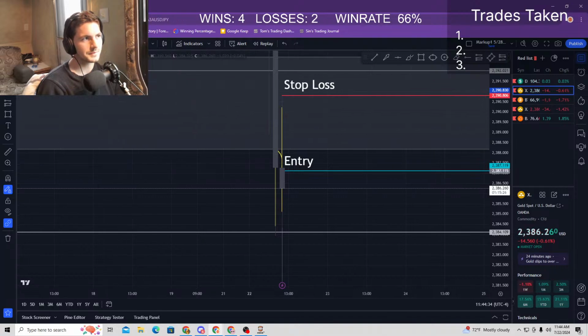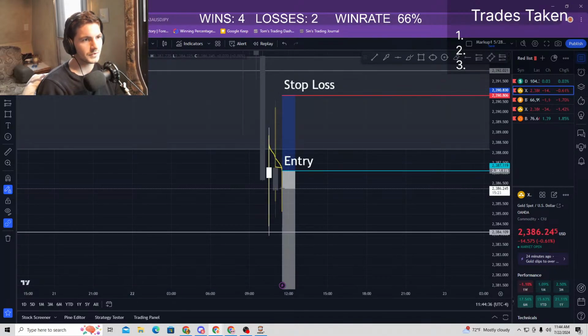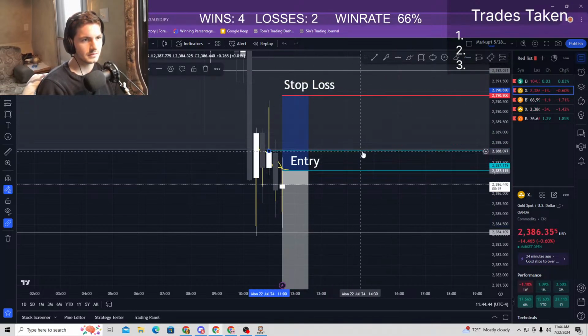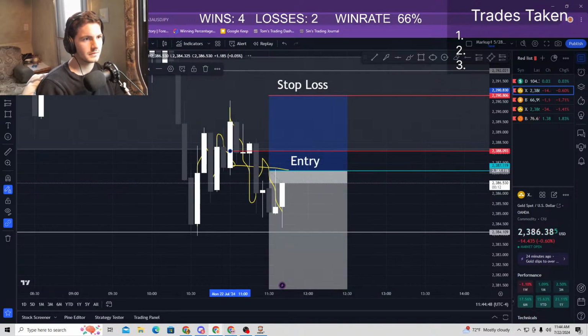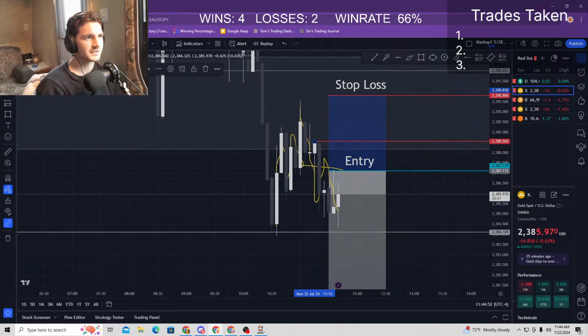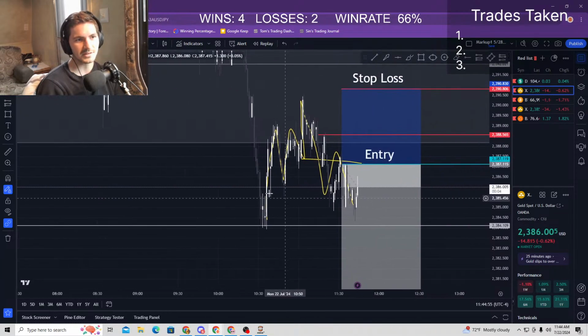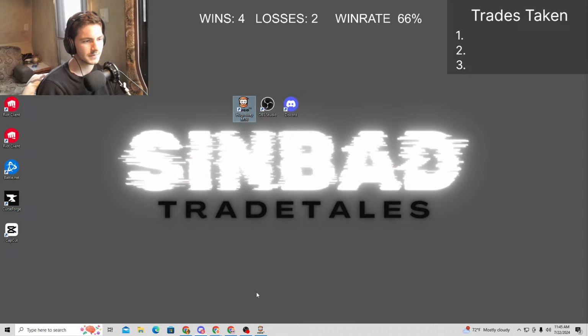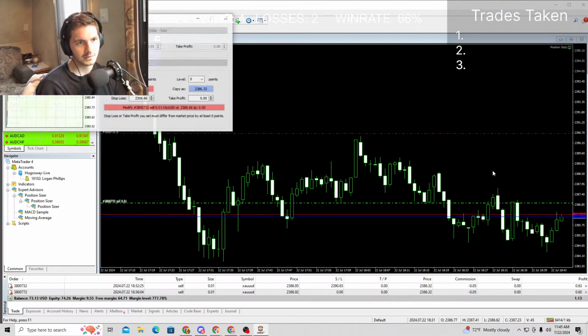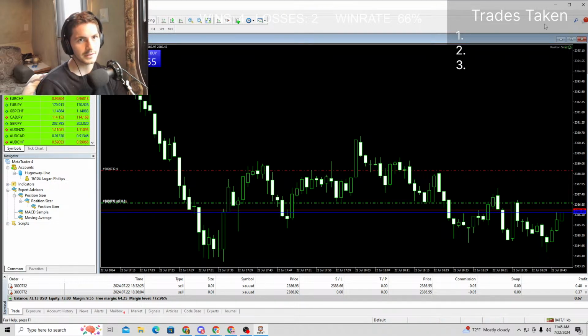If it does come up, there's not much for it to react off of besides this 15 here. There's a 5 minute. Okay, so I think I'm just gonna move my stop loss, pretty much half my stop loss instead of taking a full stop, because I don't think there's any reason it would come back up that far and try to reverse. Alright, half risk now.